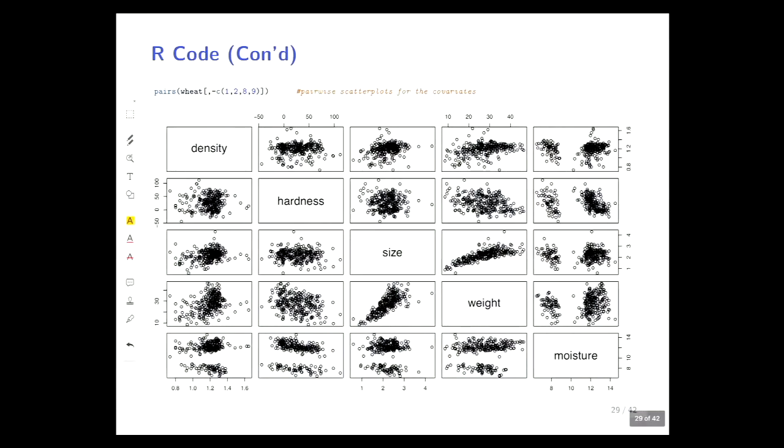And also we can use this pairwise or scatter plot matrix, if you still remember. We can use this scatter plot matrix to roughly look at those continuous variables. So those are all continuous explanatory variables.